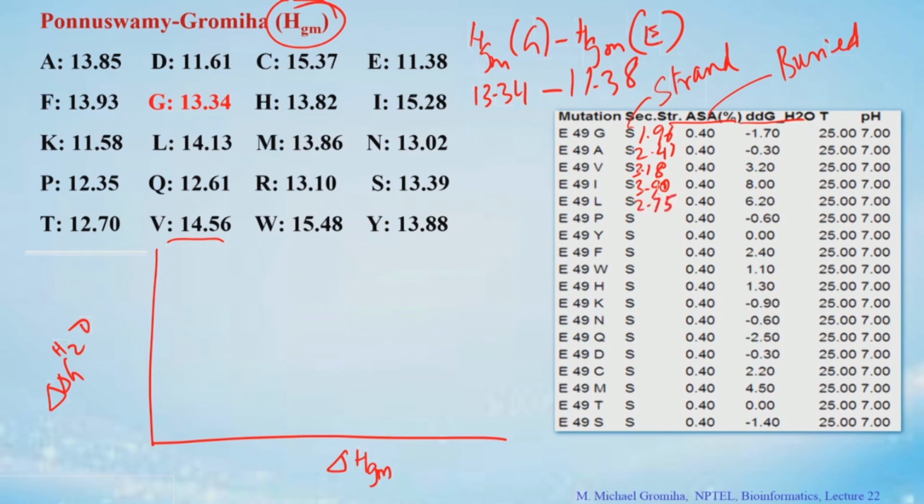E49P, how to do this? 12.35 minus, no, minus 11.38, which is the E, this is equal to 0.97, and E49Y 2.50 and 2.55. So, you can get the values. For the last one, E49S, serine, about 2.01. So, now you plot this as x axis and this as y axis.